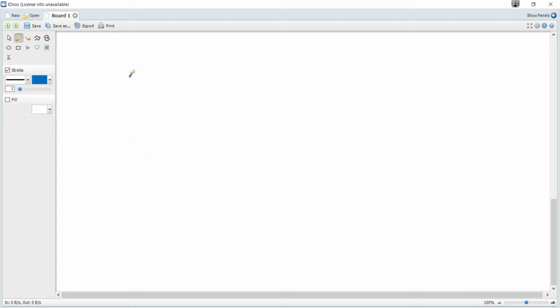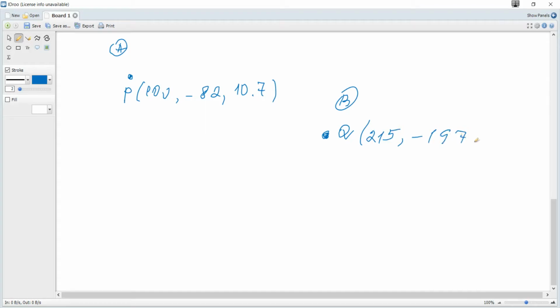So A is at point P with coordinates 100, -82, 10.7, and B is at Q with coordinates 215, -197, 10.7. A. Find the distance between the two aircraft at 12 o'clock, 2 marks.